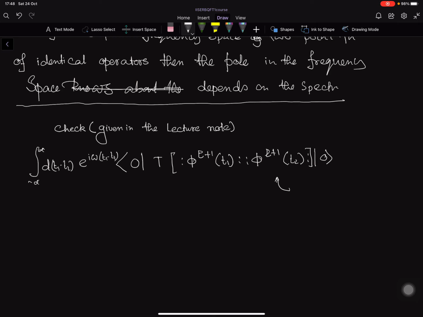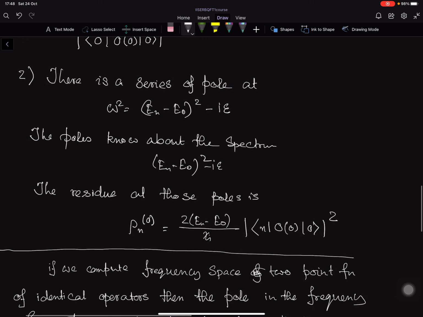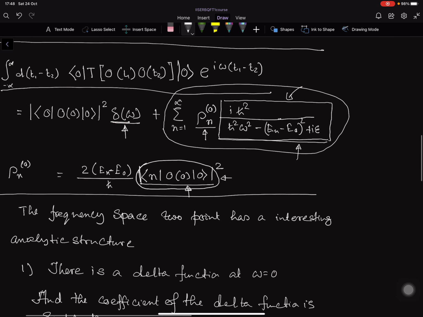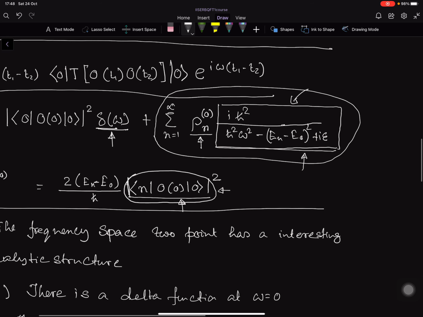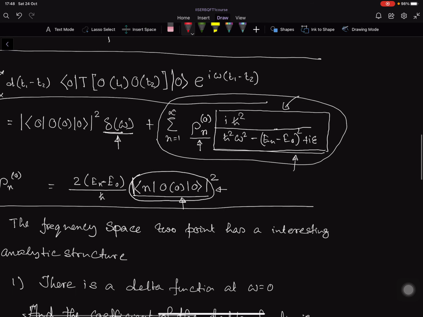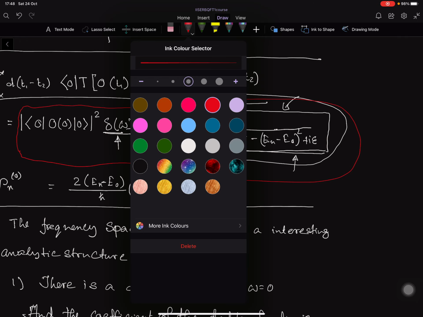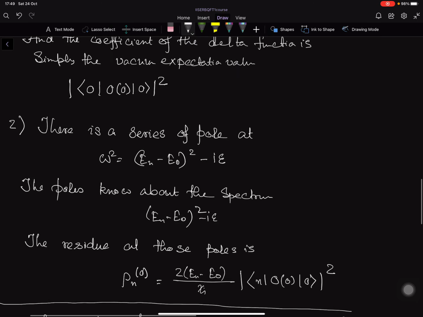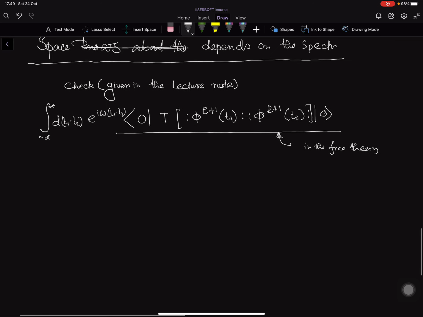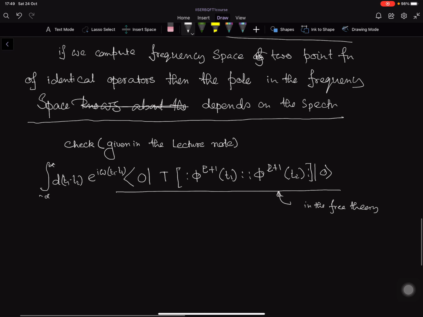This is explicitly given in the note, and if we compute it in the free theory, you can explicitly see the structure. In the lecture note we also gave another example, so we encourage you to check that, and also to do some computation for yourself.